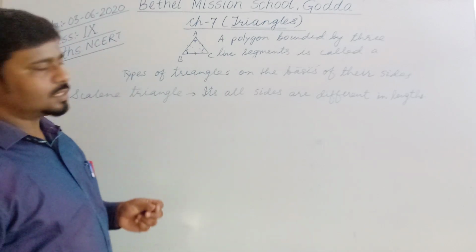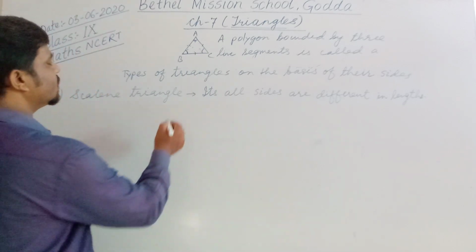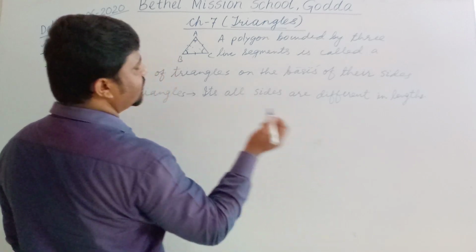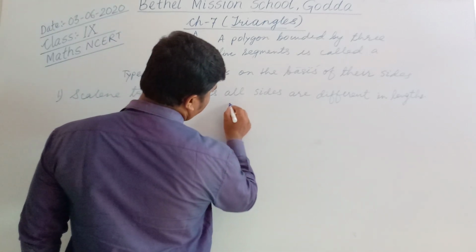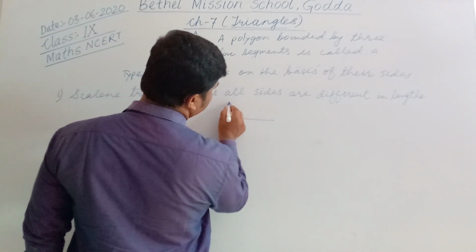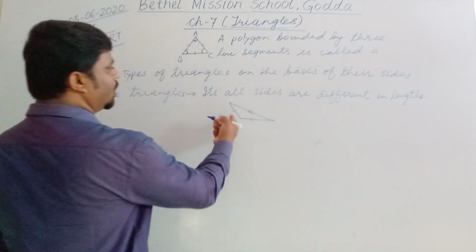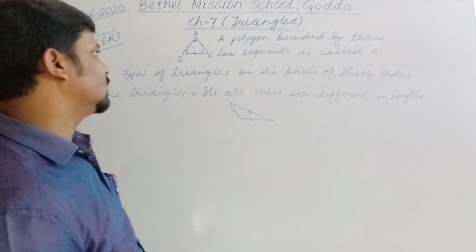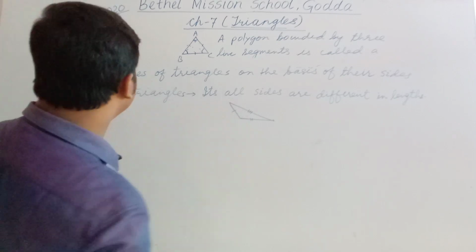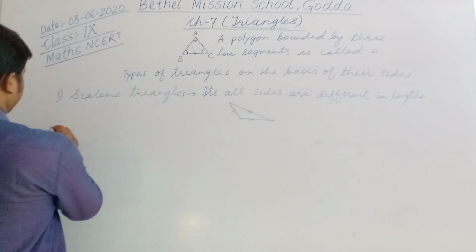So that type of triangles are called scalene triangles. You can see the figure. All three sides are different in length. So that's why this type of triangles are called scalene triangle.